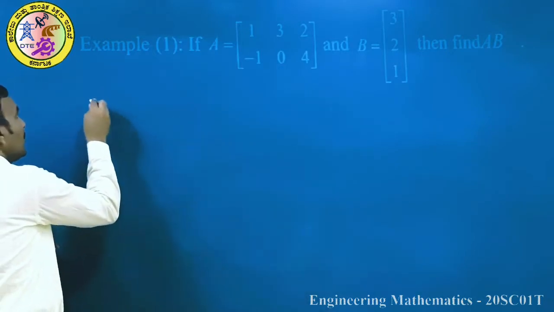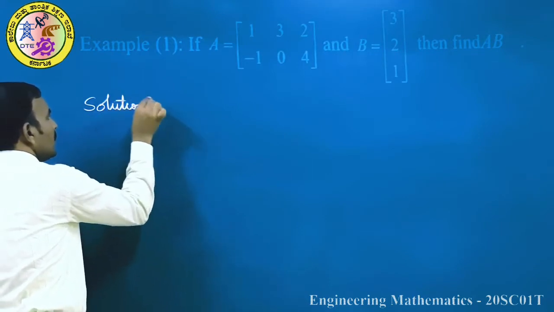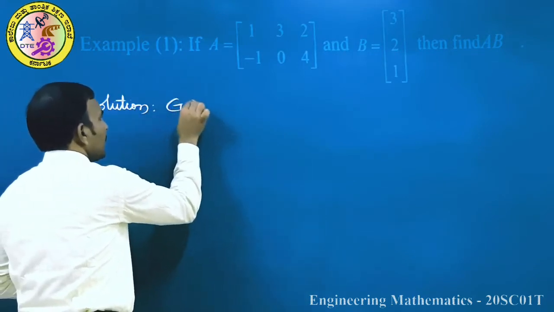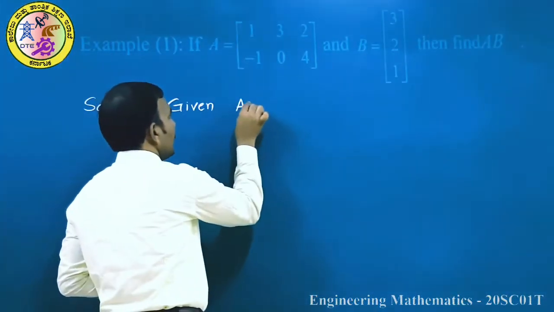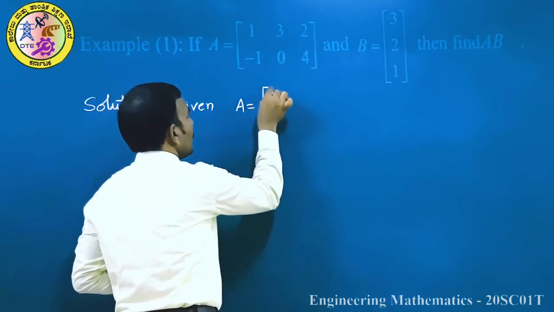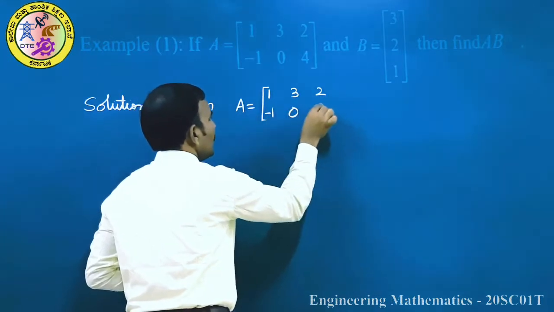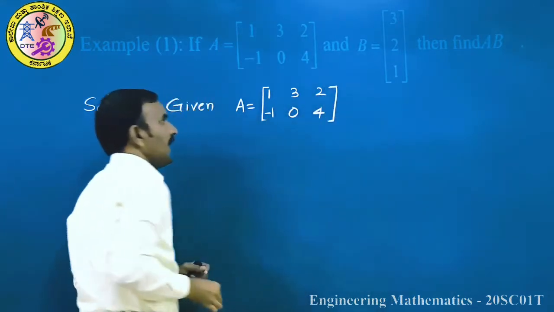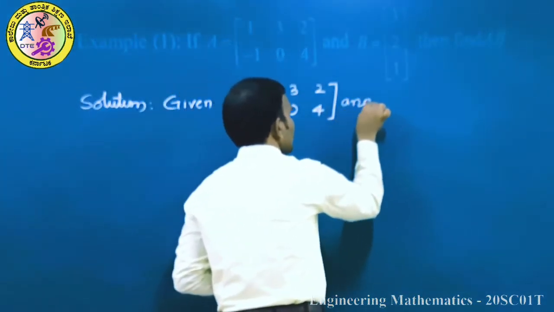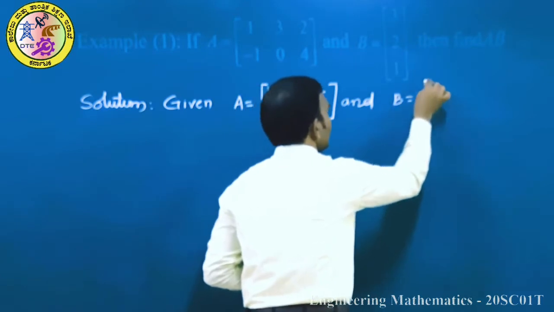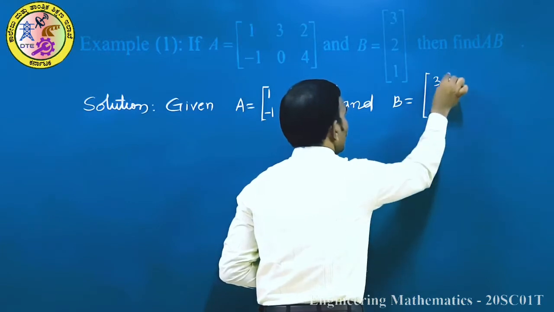Now, start the solution by taking the given matrices. Given A equal to 1, 3, 2, minus 1, 0, 4, and B equal to 3, 2, 1.